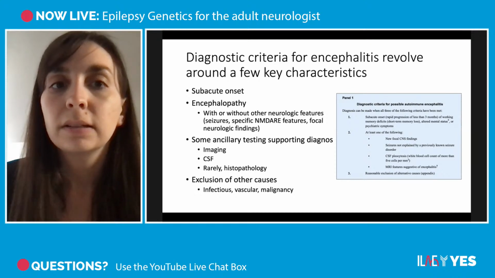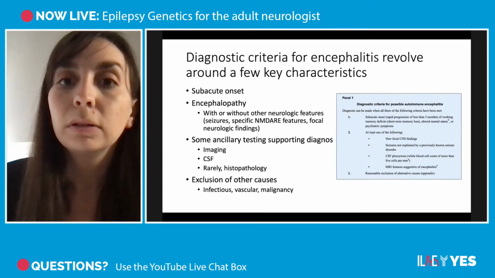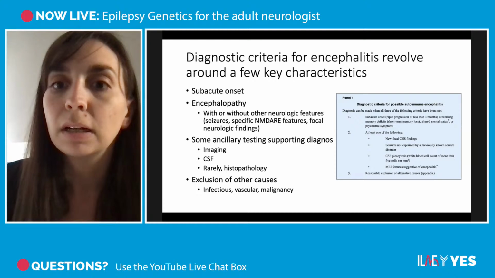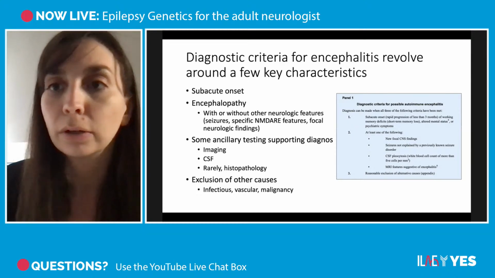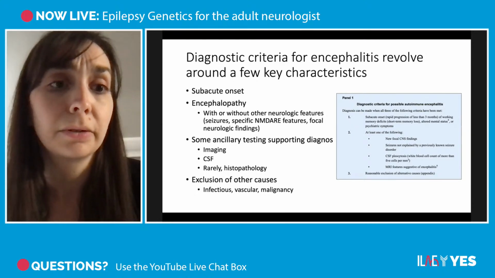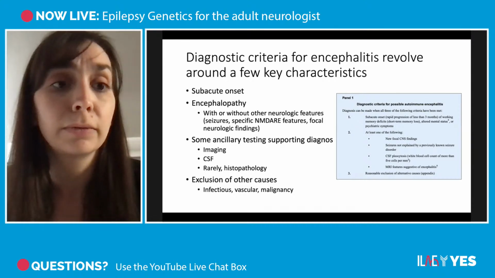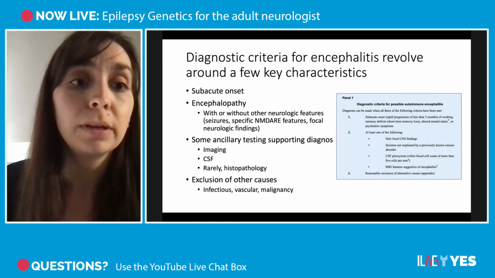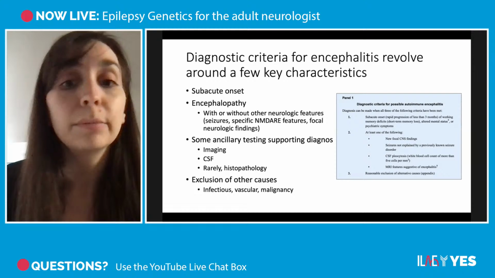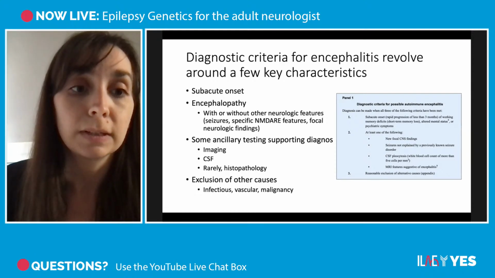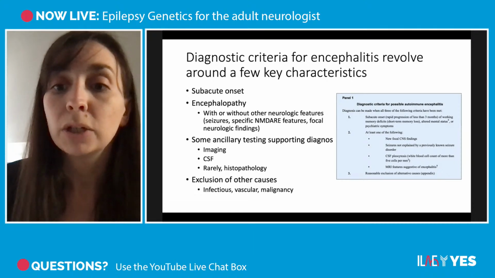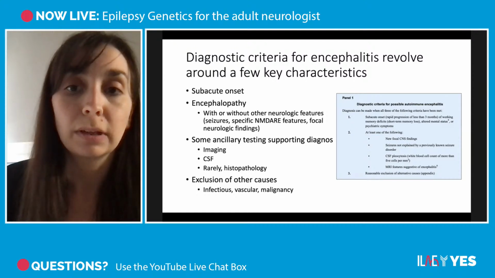When you read these diagnostic criteria, which importantly don't include neural autoantibody testing because they acknowledge that there are places in the world that may not have easy access to quick turnaround neural autoantibody testing, the key clinical characteristics listed include subacute onset of neurologic dysfunction, encephalopathy being a core feature, with or without other neurologic features of which seizures are often present, and some ancillary testing to support the diagnosis, which can include imaging, CSF abnormalities supporting inflammation like pleocytosis, and rarely histopathology.